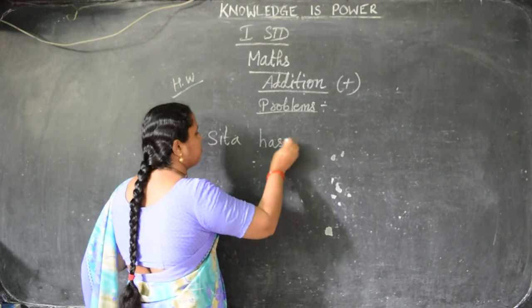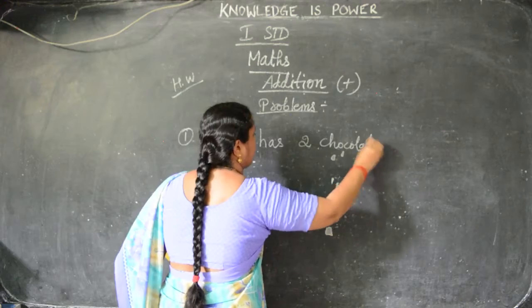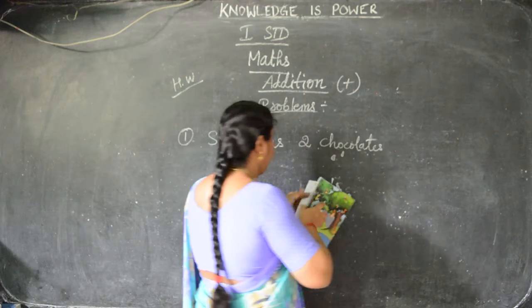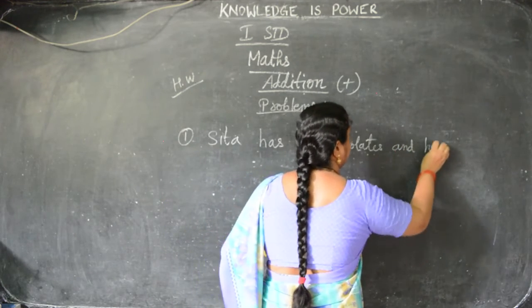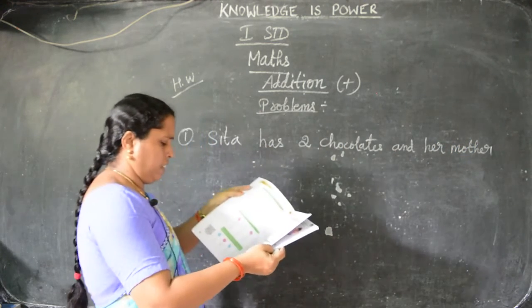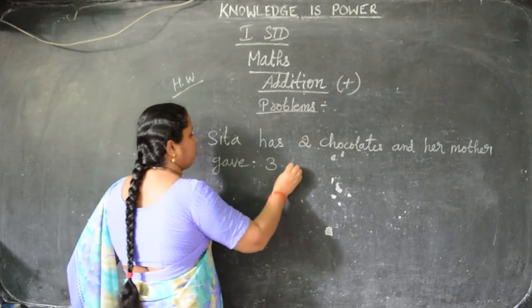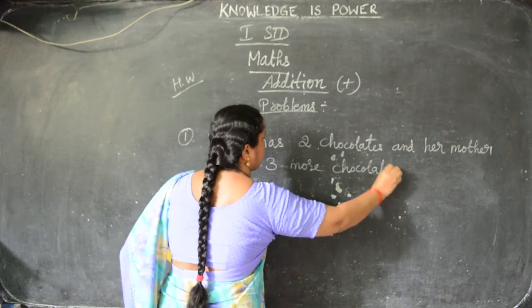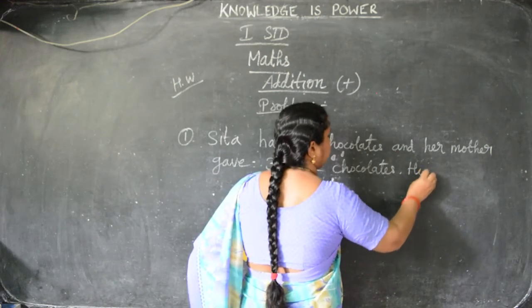Sita has 2 chocolates and her mother gave 3 more chocolates. How many chocolates?